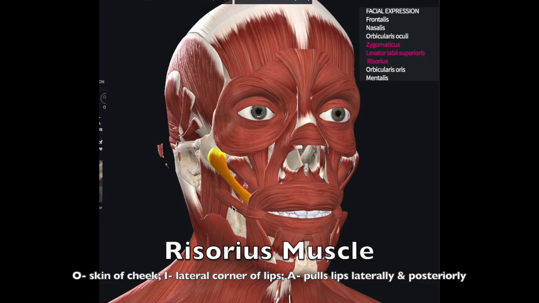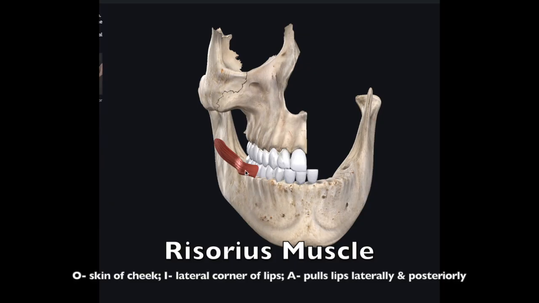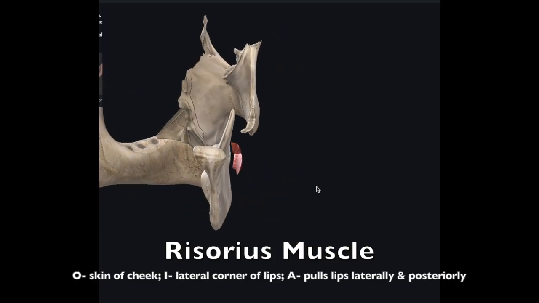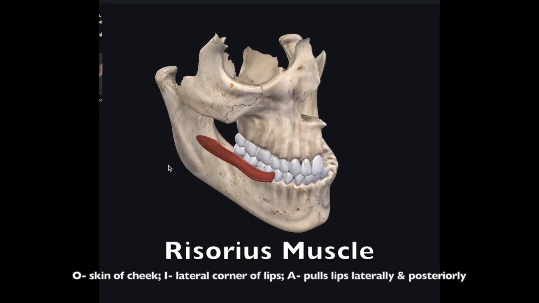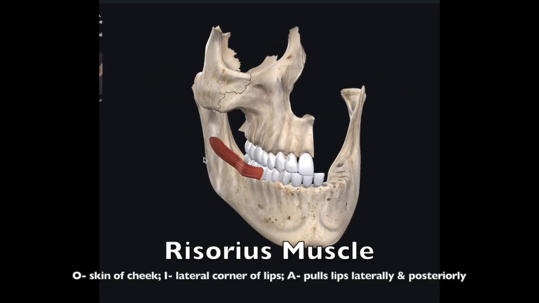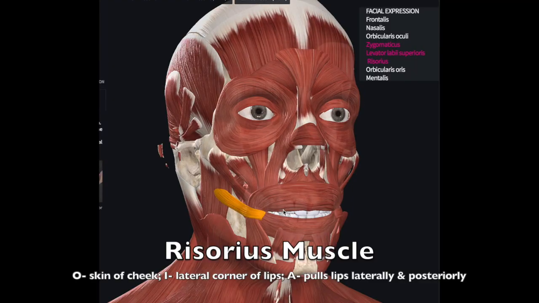And the last of the 3 that we'll be exploring involving smiling is this muscle called a risorius. Now this one will actually not have an attachment at all to our bones. In fact, as you can see here, there's none. And so the origin will be on the sides, sort of the middle side portion of our cheek, and the insertion will be on the sides of our mouth, or the lateral corner portion of our lips rather.